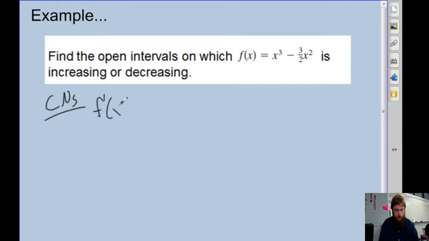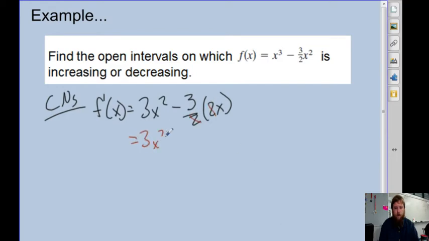My f prime of x is going to be 3x squared minus 3/2 times 2x, and the 3 and the 2's cancel out, so it's 3x squared minus 3x. Now I want to factor that, which will help me see the derivative. I factor out a 3x, and I'm left with x minus 1, equals f prime of x.